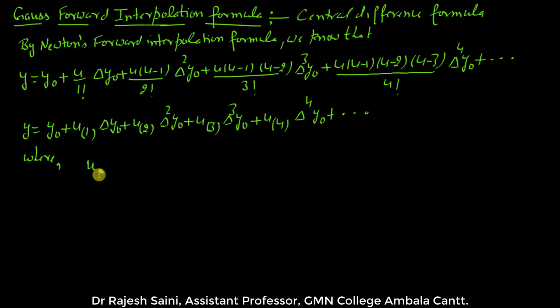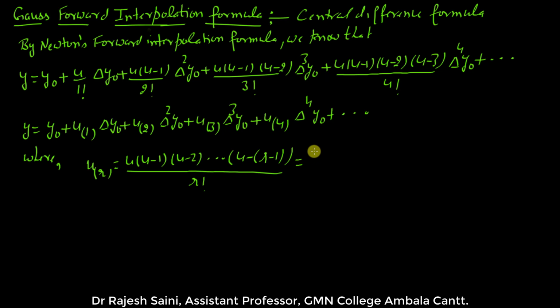U subscript r is equal to u into u minus 1, u minus 2, up to u minus r plus 1, divided by r factorial.